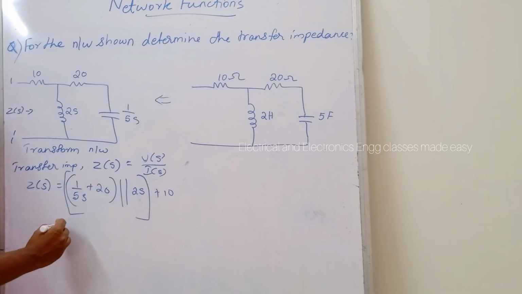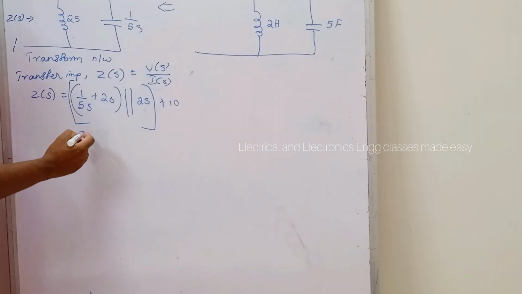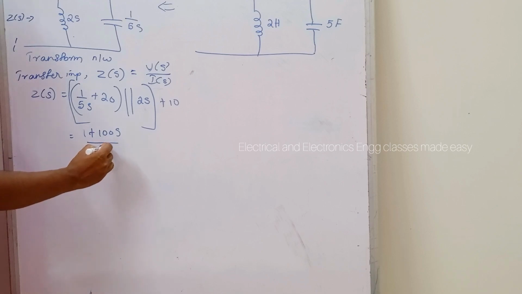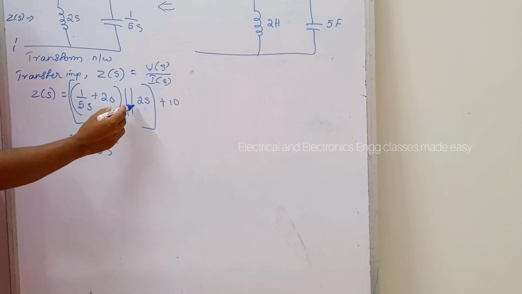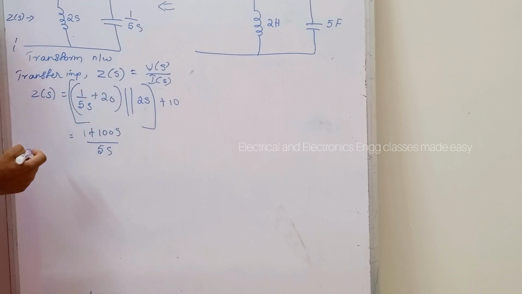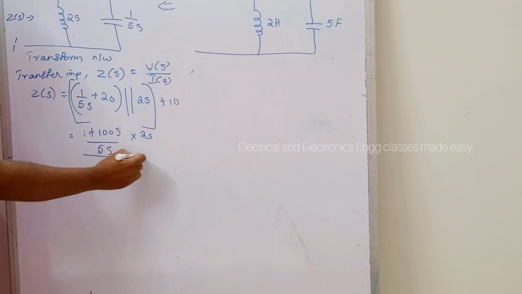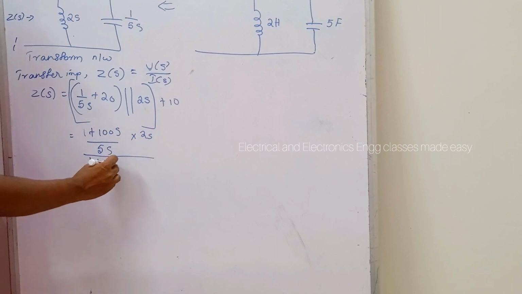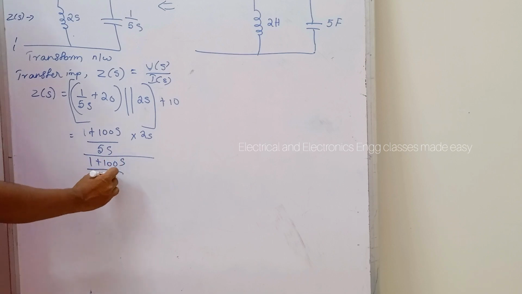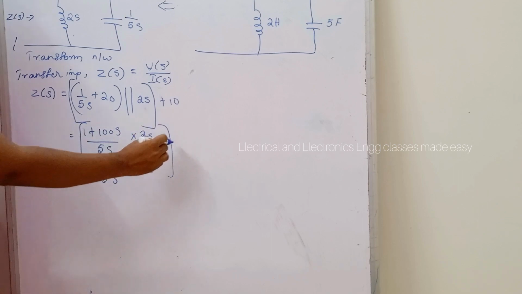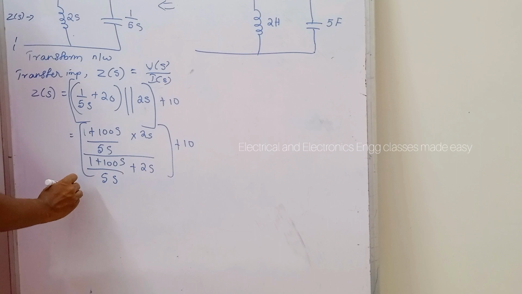Now we can simplify this one. Here we will get 1 plus 100S divided by 5S, which is in parallel with the 2S. So that means into 2S divided by again 1 plus 100S divided by 5S plus 2S, and which is in series with 10. Now again we can simplify this one.